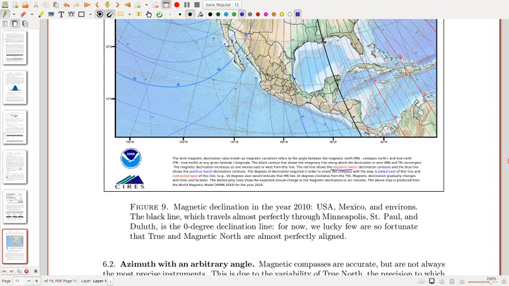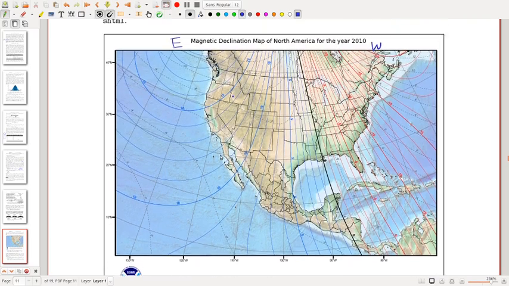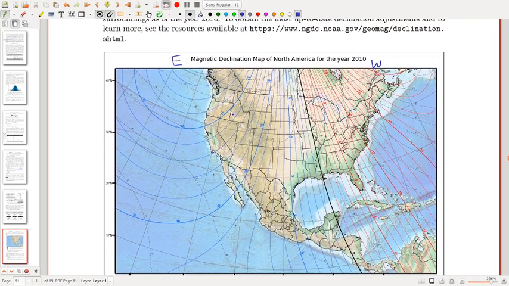So the red line shows negative west, and blue is positive east, and what that means is that all of these lines are converging on the location of the actual magnetic pole, but there's a little bit of difference between a line that goes straight up to magnetic north and a line that goes straight up to true north. However, if you draw a line between true north and magnetic north, so let's just say boom, boom.